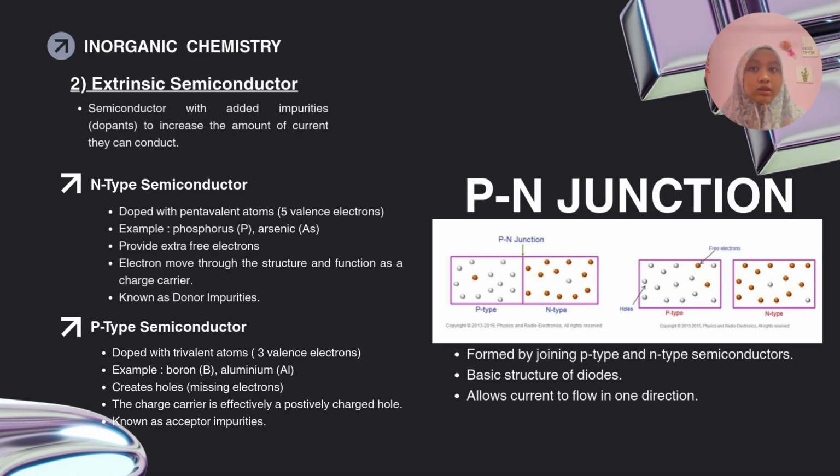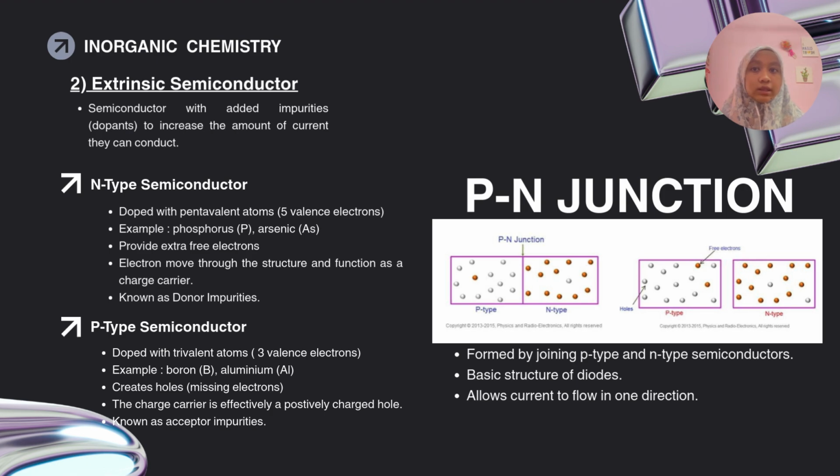An N-type semiconductor provides extra free electrons, and inside it, electrons move through the structure and function as charge carriers. It is also known as a donor impurity.